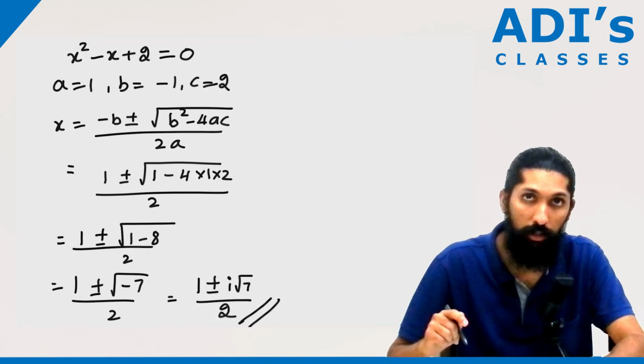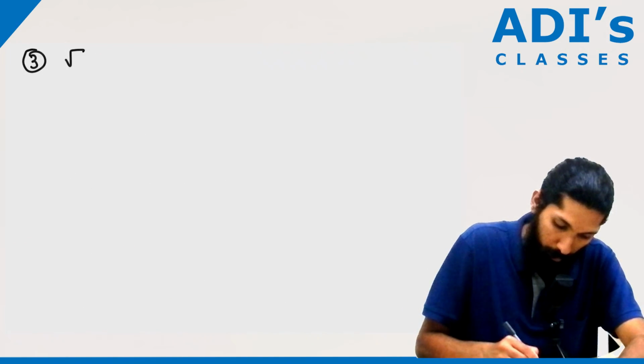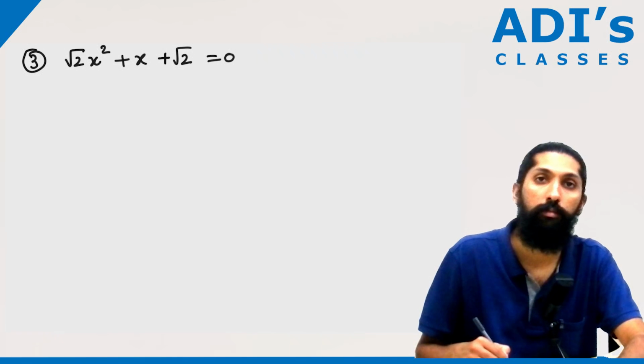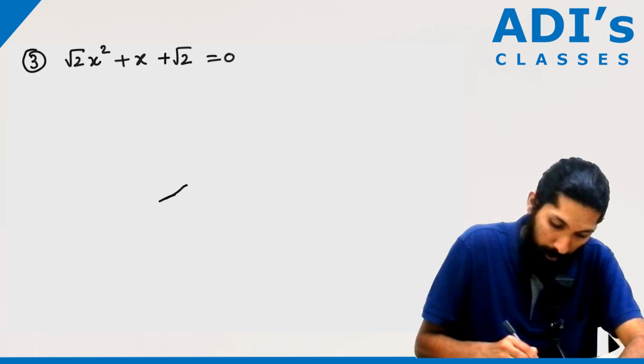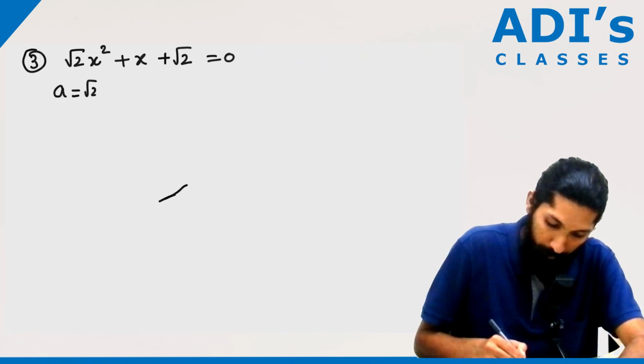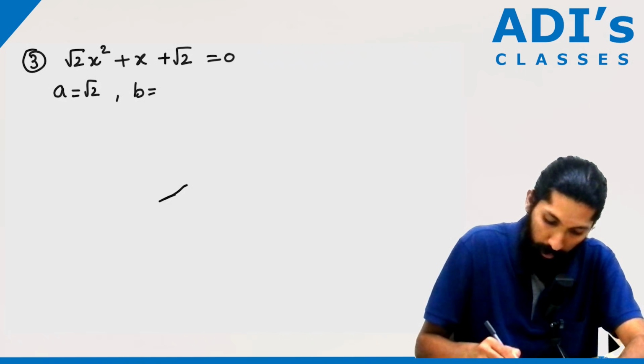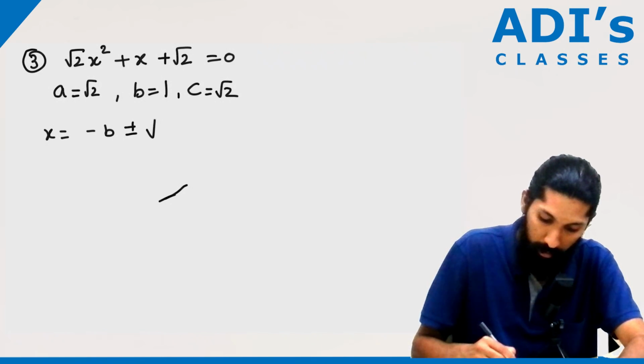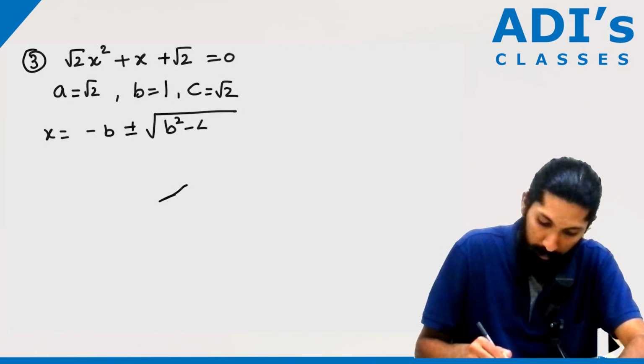Okay, let's do the next one. The third question is √2 x² + x + √2 = 0. Again, a is √2, b is 1, c is again √2. x = (-b ± √(b² - 4ac)) / 2a.